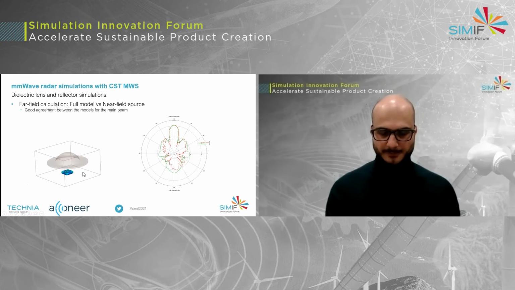On the right figure, we have a radiation pattern cut, where the red curve represents the full model source, and the green curve shows the near field source.